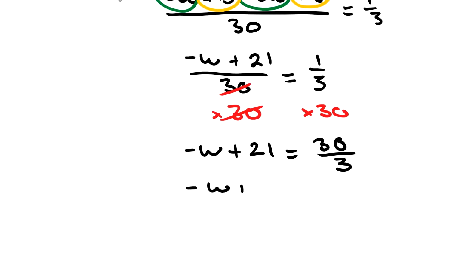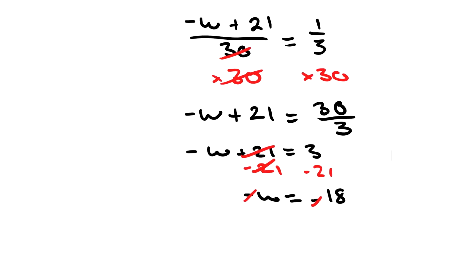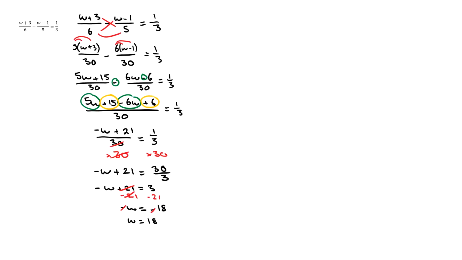So minus w plus 21 equals 3, minus 21, minus 21. Negative 18, and because there's negatives on both sides, they also cancel out. So that was one of the more complex questions you'll come across. There you go. But again, one step at a time until you eventually get down to your answer.